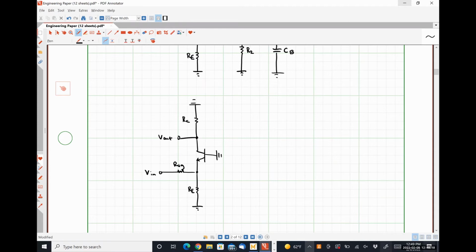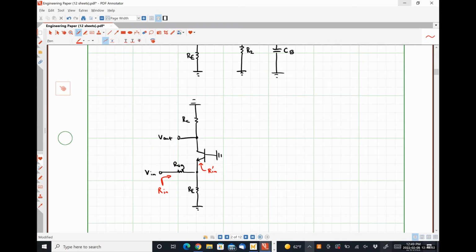So let's talk about our input impedance. Obviously, what we're looking for is this part, right? But from our past experience, we know what we see just looking up from the emitter terminal, right?